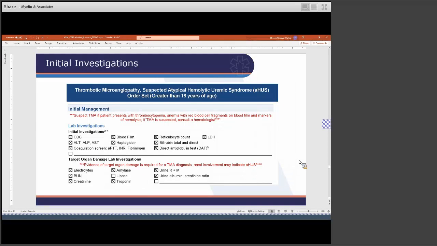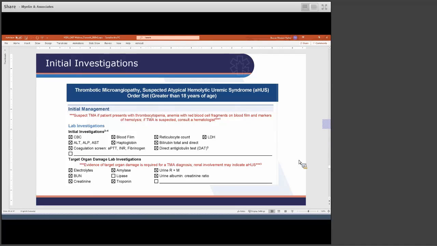Remember, LDH is nonspecific, and if you have grossly elevated liver enzymes, then you can't trust that LDH is elevated due to hemolysis and is not just a marker of liver damage. So I actually really like to have the liver enzymes to compare. If you see that LDH is 3,000 and ALT is, say, very, very mildly elevated, you know that you have to suspect hemolysis and not liver disease.